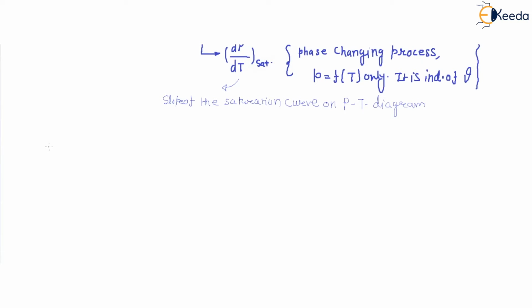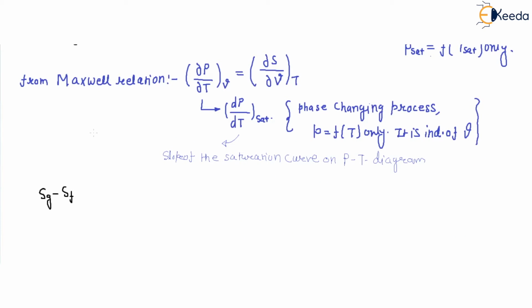If we take Sg minus Sf, divided by Vg minus Vf, this is equal to dP by dT at saturation.